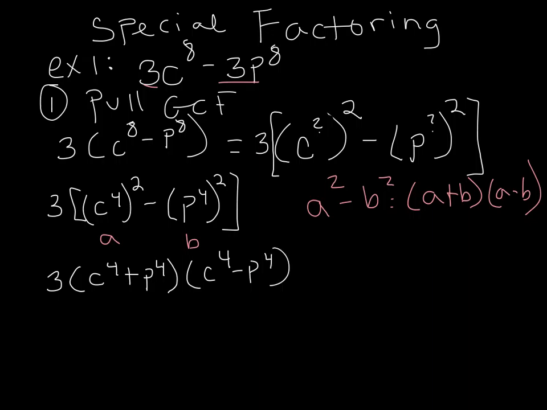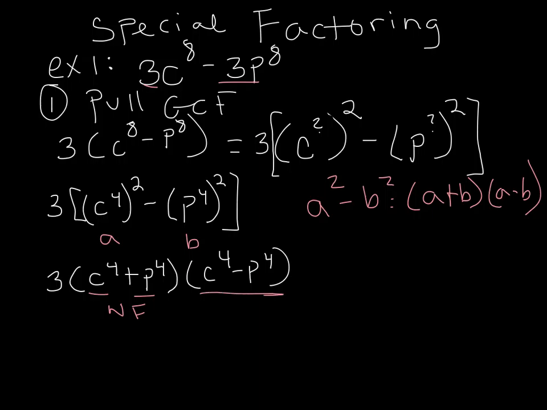And now you might be thinking you're done, but when it comes to factoring, we always need to make sure that we can factor everything completely. When you see this, my hope is that you would check. We know that we can't factor a sum of squares, so this is not factorable.